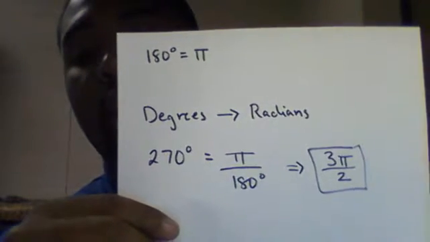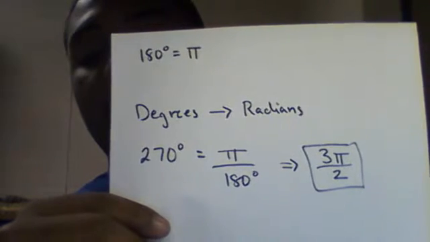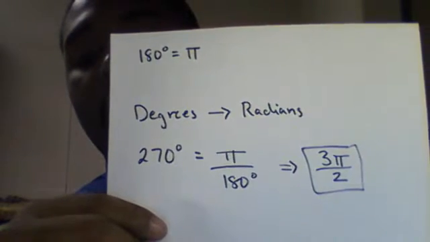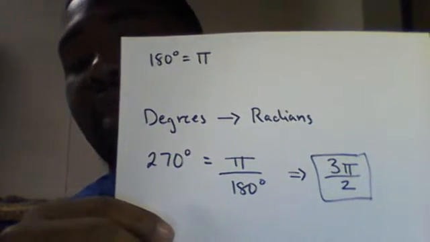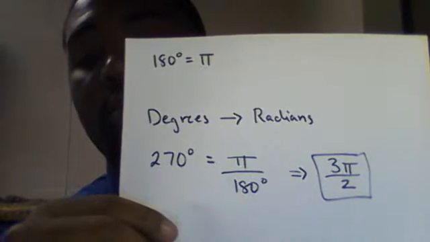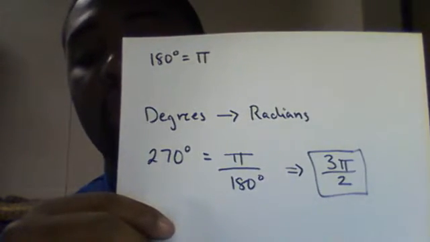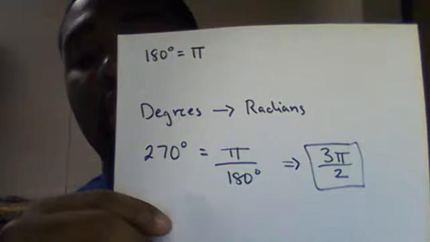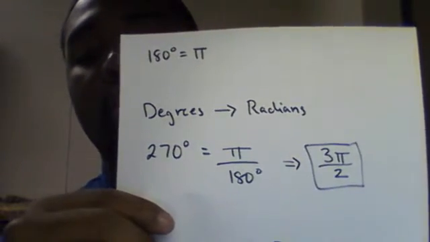So we're starting off with 270 degrees. The formula to convert from degrees to radians is you take the number you have and you multiply it by pi over 180. So in this instance, we say that 270 degrees is equivalent to saying 3 pi over 2.